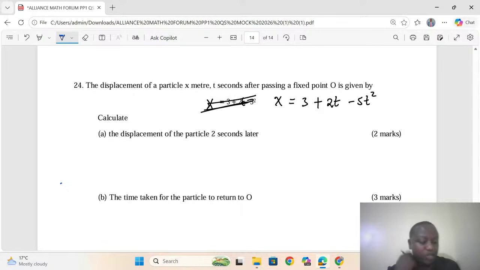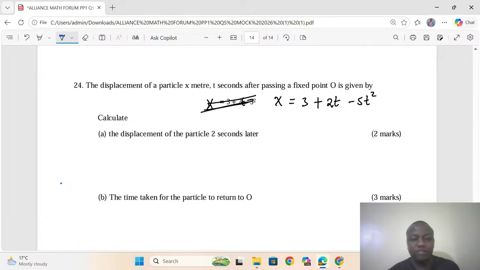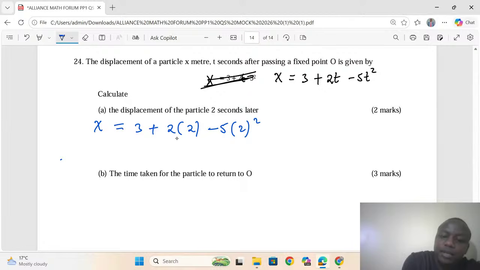Now we work out this. We are told in part A to work out the displacement of the particle after 2 seconds. We are already given the displacement function. So the displacement, which is x, is 3 plus 2 into 2 minus 5 into 2 squared.